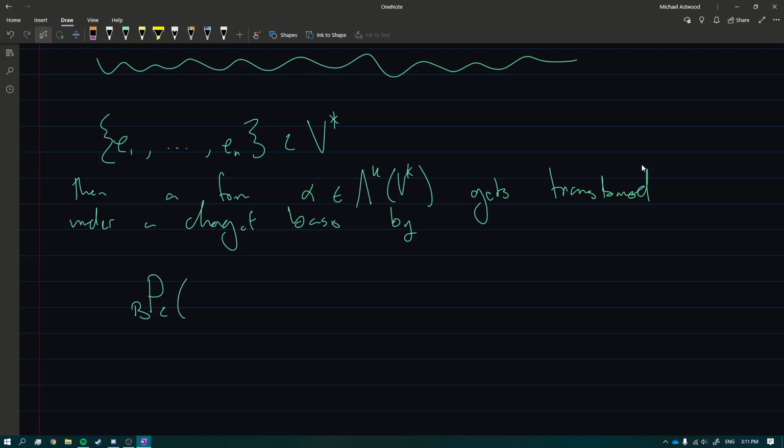So what you're going to do is E1 wedge dot dot dot wedge P C of Ek, times the coefficients. And of course there's going to be some combinations of these things, but that's okay. So what you do is you just apply this inwards.